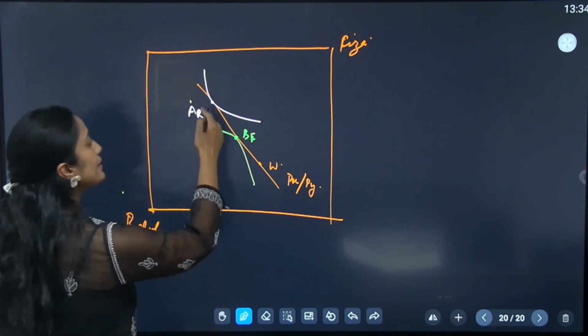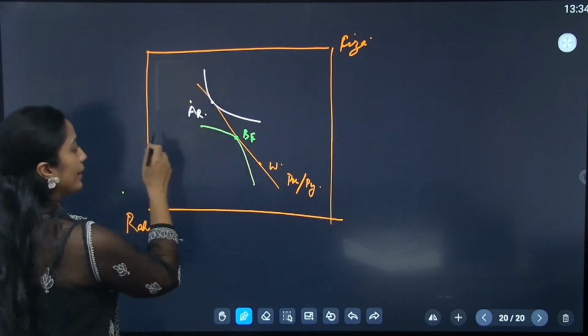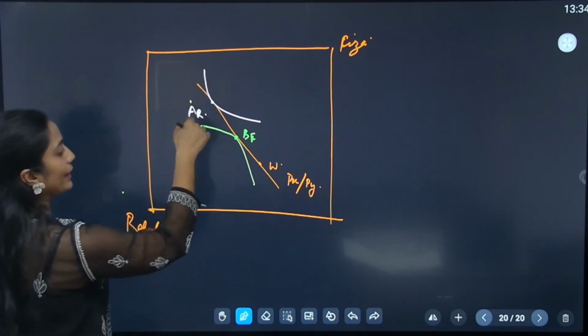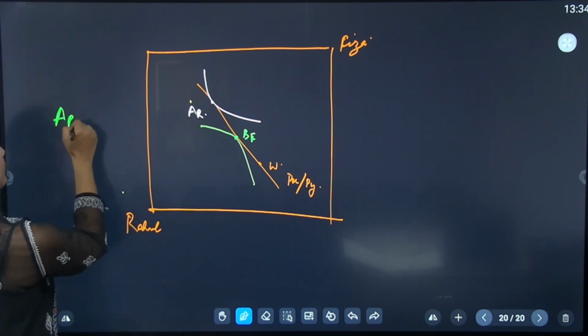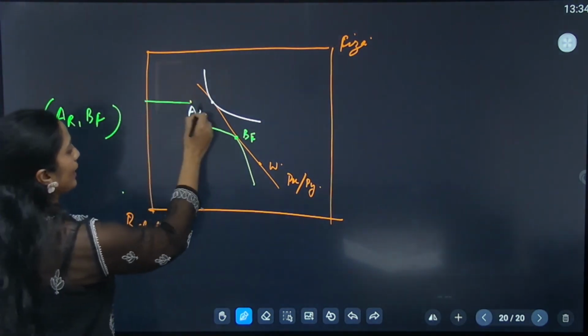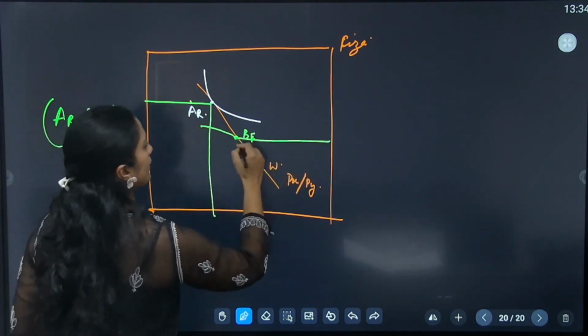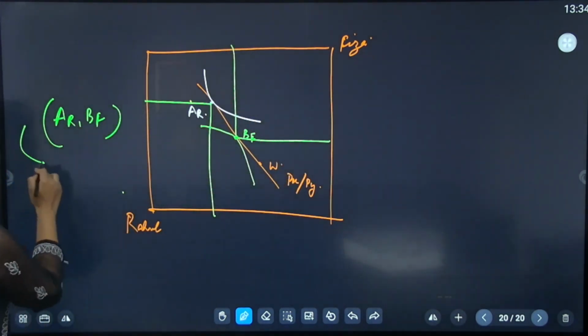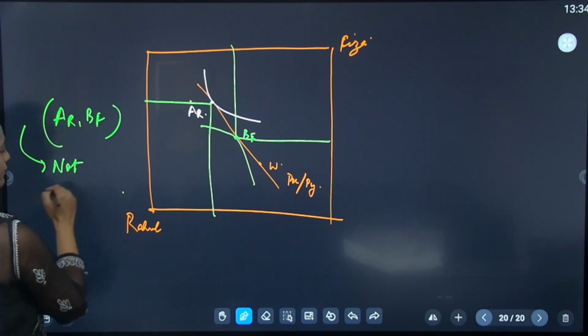We can easily see that whatever the bundle at AR, BF is, it is an allocation. There are some values of X and Y here, and some values of X and Y here. We can easily see that this is not feasible.